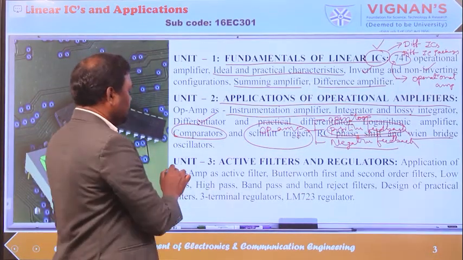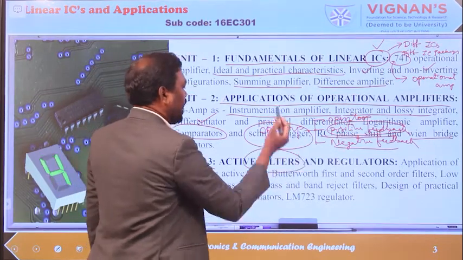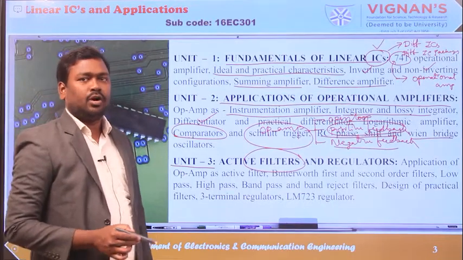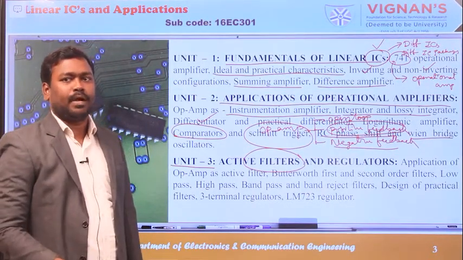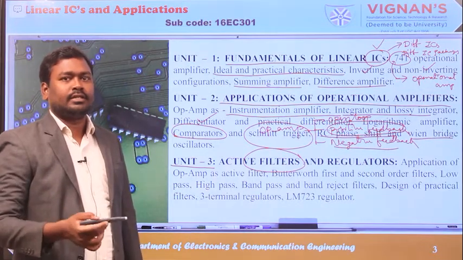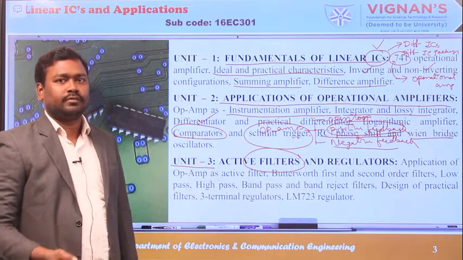Next, in third unit, we discuss active filters. How to make or how to design a filter using op-amp. For any electronic system, the filter is the important component which removes unwanted frequencies.